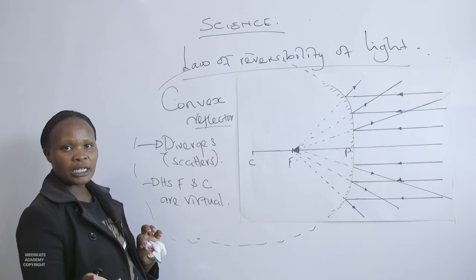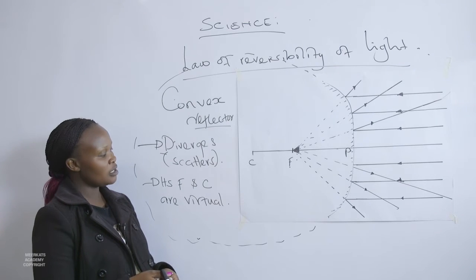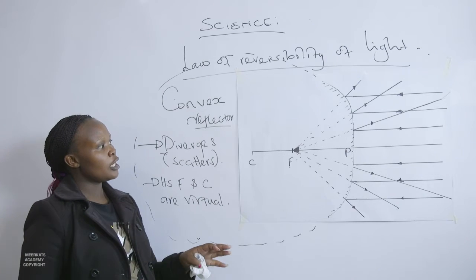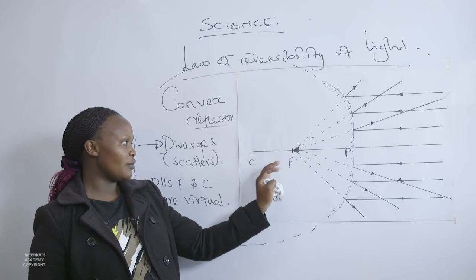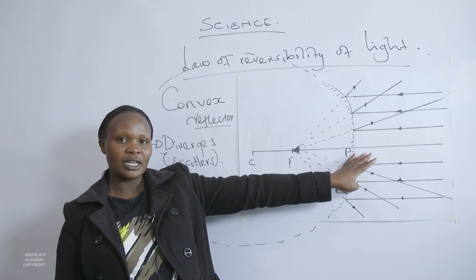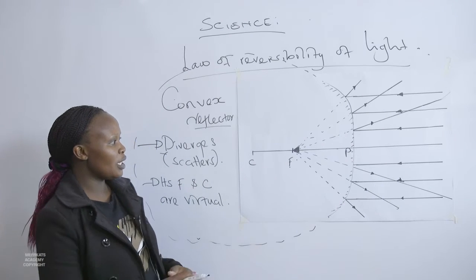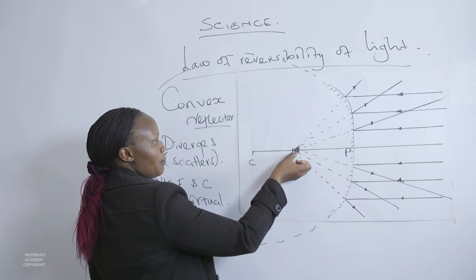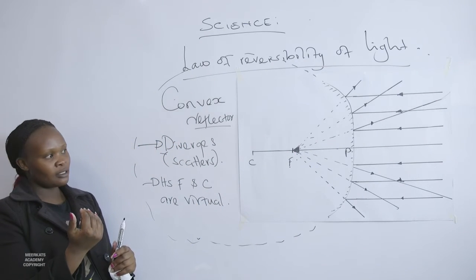For a diverging kind of surface, F and C are virtual. Therefore, our rays will not pass through F and C because they are reflected on the outer side, but they appear as if they are coming from some point F behind the reflecting surface.